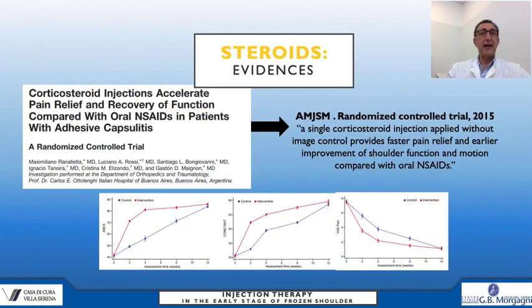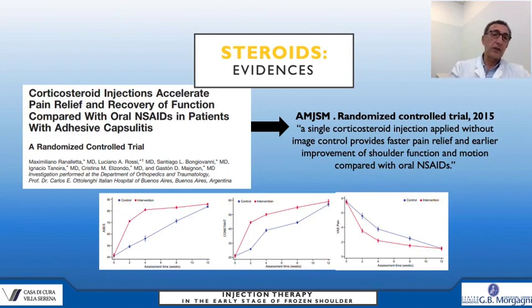But let's say that in these new articles, we can see that the effect of this drug, the steroid, compared with 3 different scores, at the beginning can give good results, but at the end it is the same thing.